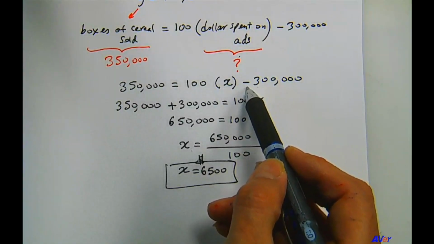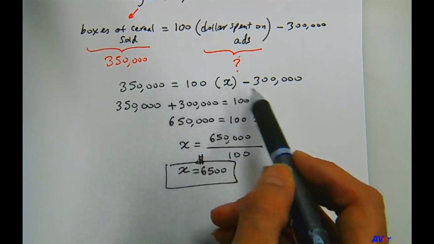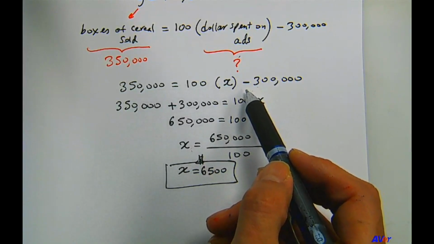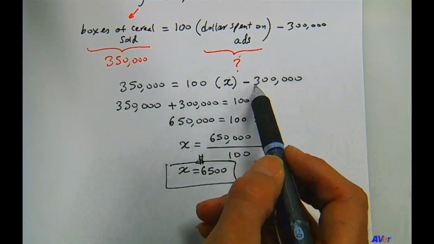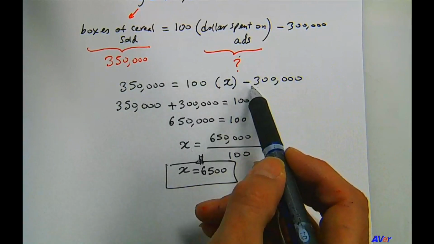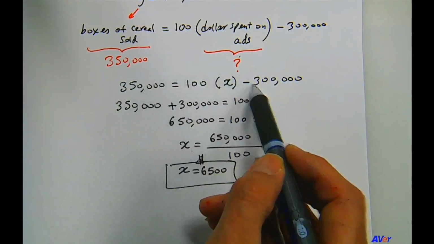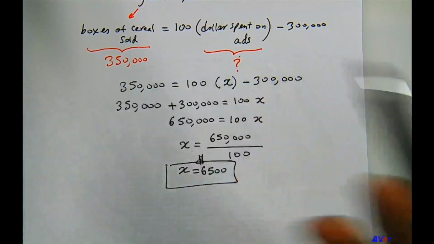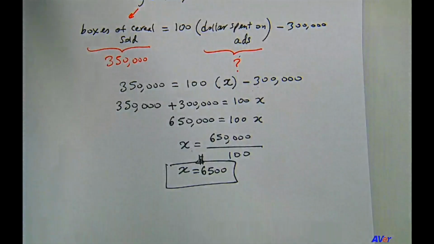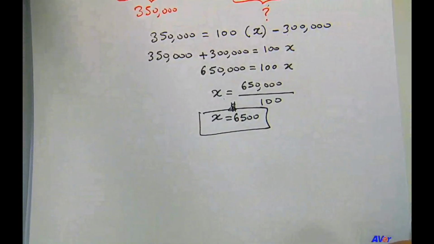So you don't have to say here, add 300,000 to both sides. That's correct, but it's inefficient. It wastes your time. Just remember, you want to add up the constants together, so you need to move this to this side, and just in doing that, change the algebraic sign to positive. And in that way, you'll save time when you go over this during exams.